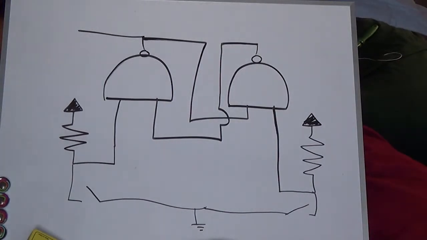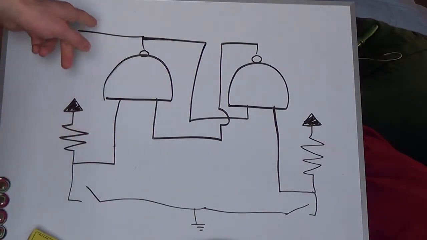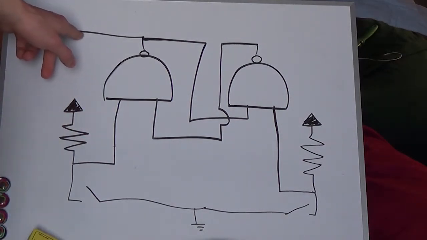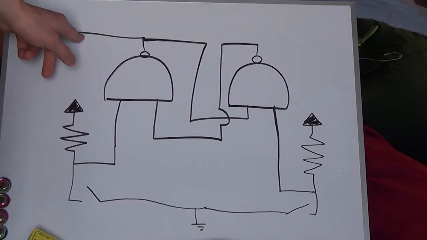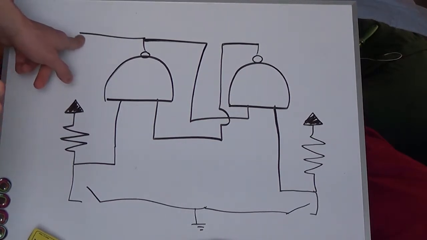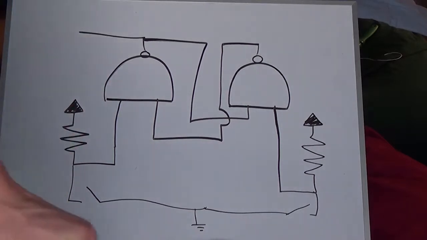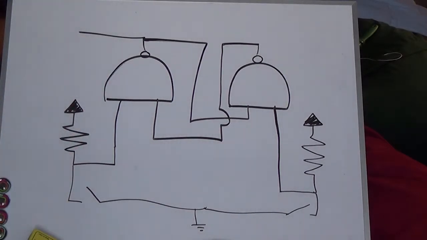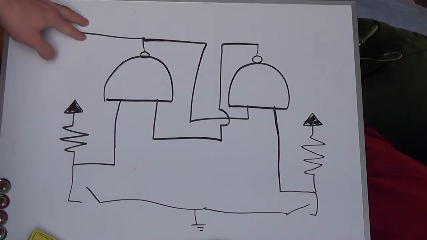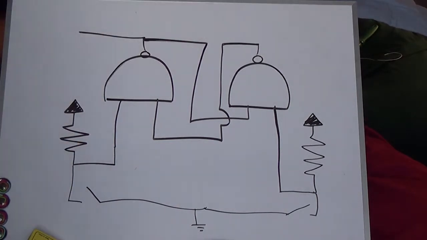This here goes to the enable of the registers, and we talked about in the last tutorial that the registers will accept data onto Q when this is pulsed high. So it doesn't matter whether I leave Q high or Q bar high.